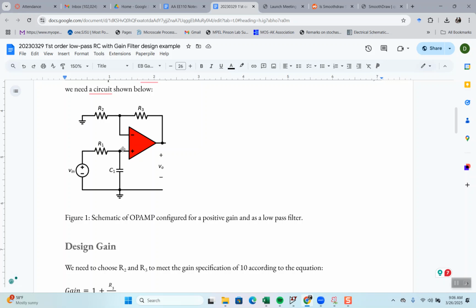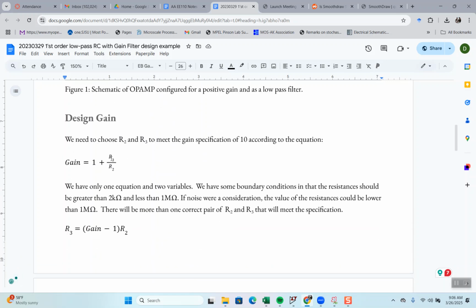But on the exam, you would get, design a low pass filter with a cutoff frequency of something and a gain of something else. The first thing is we need to design the gain, and I see R3 and R2, but only one equation for gain.